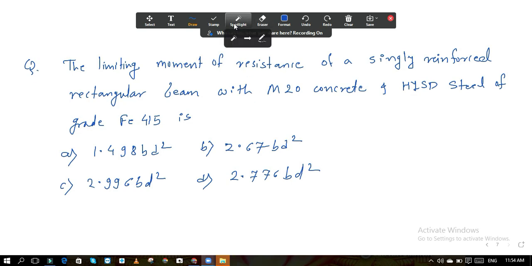So the question is the limiting moment of resistance for a singly reinforced rectangular beam. So MR you need to find out for M20 concrete and HYSD Fe415. So what is the answer?